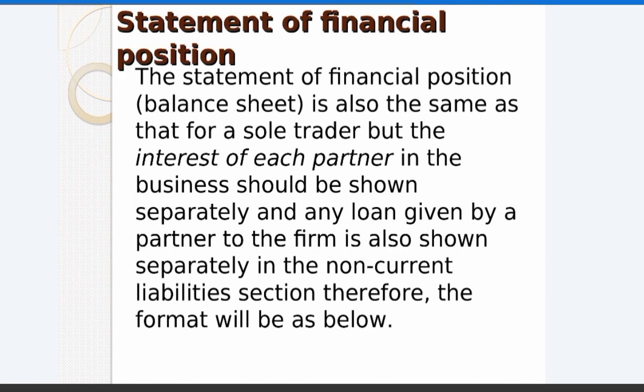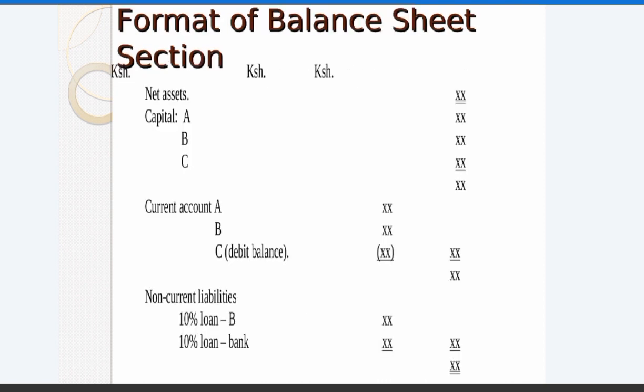And if there is any partner who has given a loan to the partnership, then the loan should be shown as a non-current liability. That means the rest of the format is the same as that of a sole proprietorship, except where you have capital and long-term liabilities.